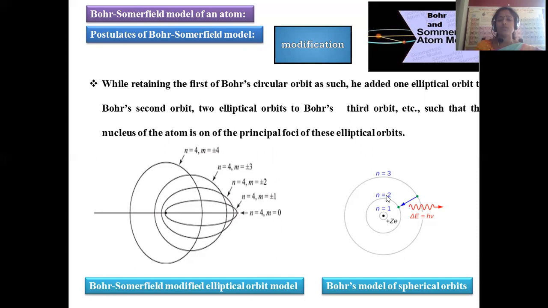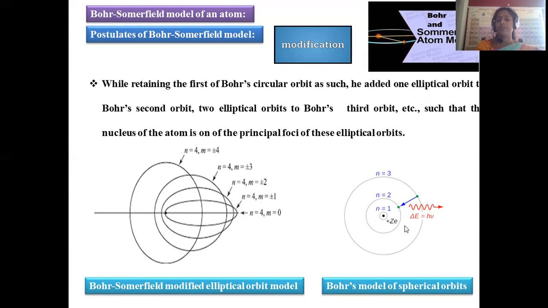Let us compare this Bohr-Sommerfeld model with the traditional Bohr's model. In the traditional Bohr's model, the nucleus is in the central part, surrounded by spherical orbits. You may go with n equal to 1, n equal to 2, n equal to 3. Whatever the subshell, whatever the principal quantum number, in all cases the orbits remain spherical only.